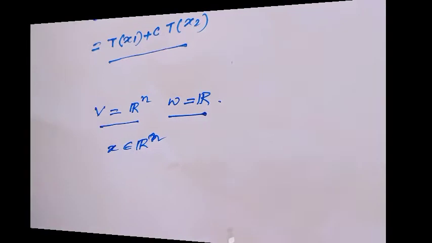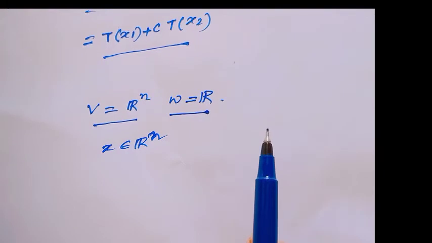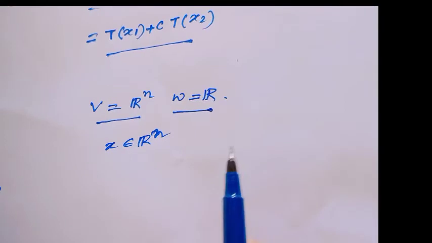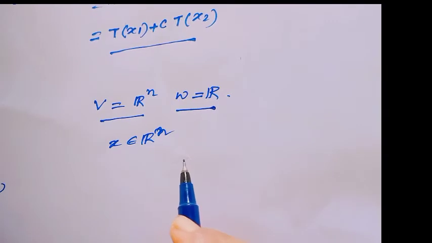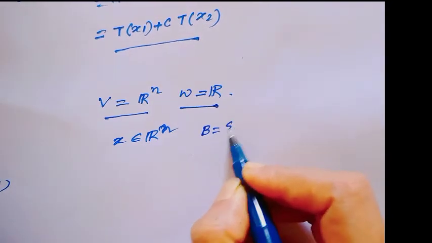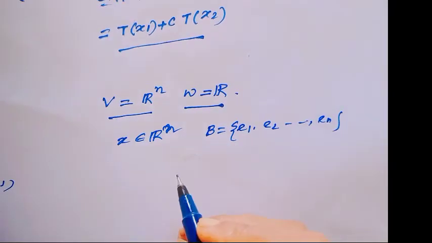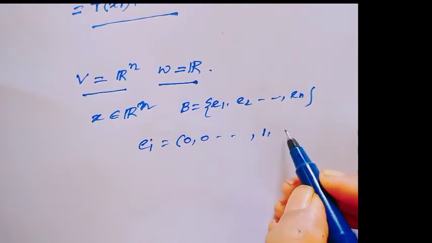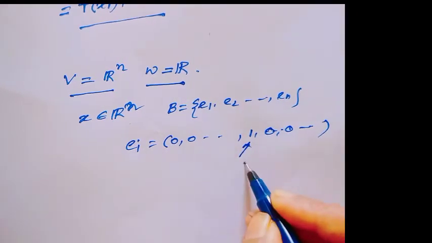Now consider V = R^n and W = R. Similar to before, this is only an extension. Consider an arbitrary element x from R^n. We all know the standard basis of R^n is the set containing the elements e1, e2, up to en, where ei has 0 in every component except the ith component, which is 1.